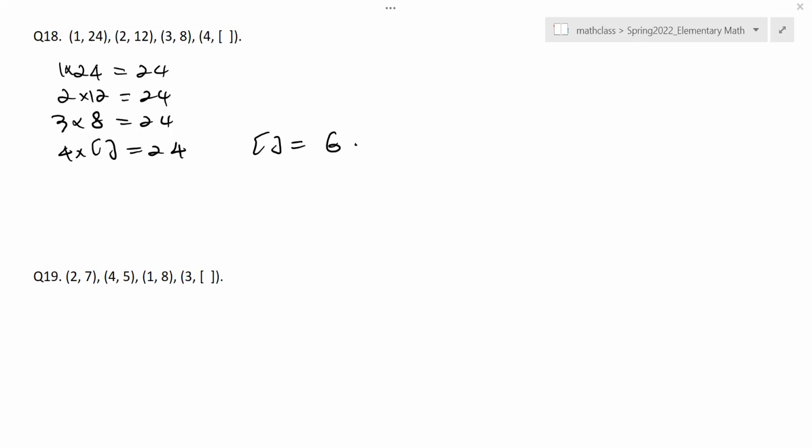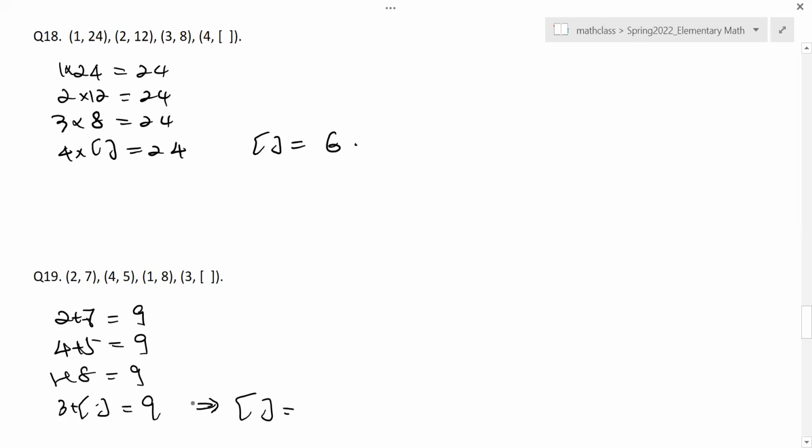Okay, so obviously the answer is going to be 6 because the sum is always the same number, right? 4 plus 5 equals 9. 1 plus 8 equals 9. 3 plus that number equals 9. And that number is going to be 6.